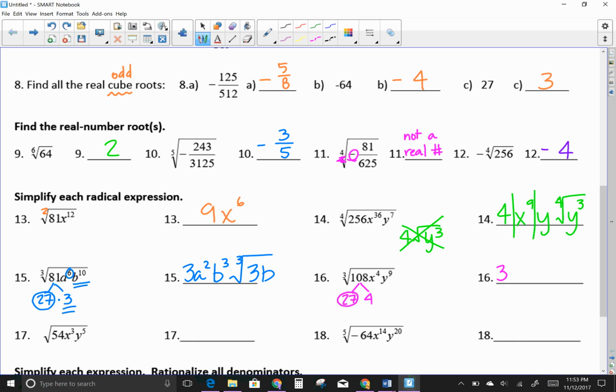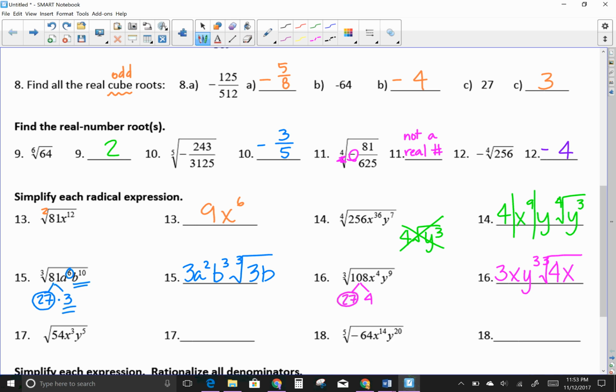So I'm going to have a 3. 3 goes into 4 one time. 3 goes into 9 3 times. And so what do I have left? I'm going to still have this 3 here for my index. I have a 4. I have an X, and I don't think I have any Y's.